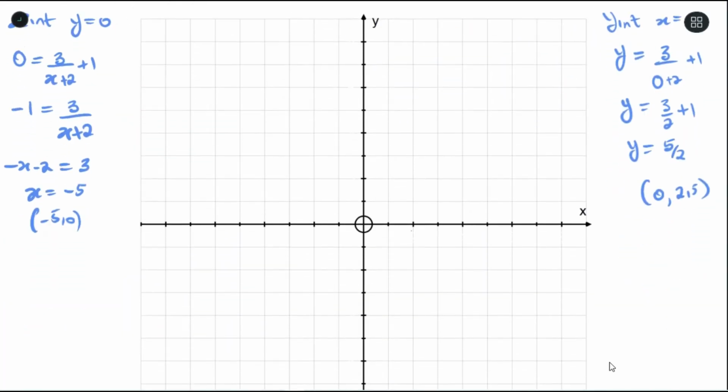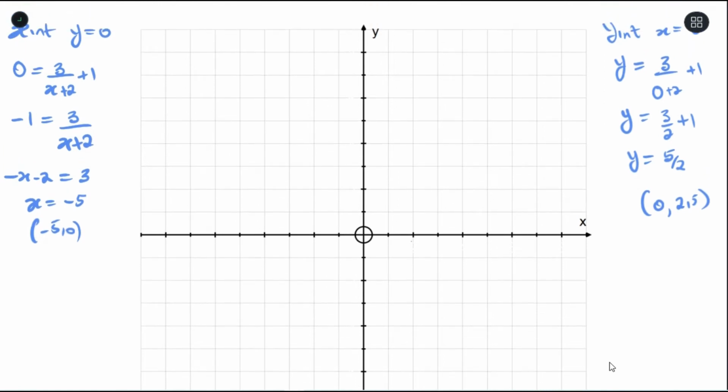Now let's start with drawing our asymptote. Each division on your Cartesian plane represents 1 unit. Okay, so let's put down the key values that we want. We understand that the x asymptote is -2, so this here will represent -2. The y asymptote is +1, so this will represent 1.